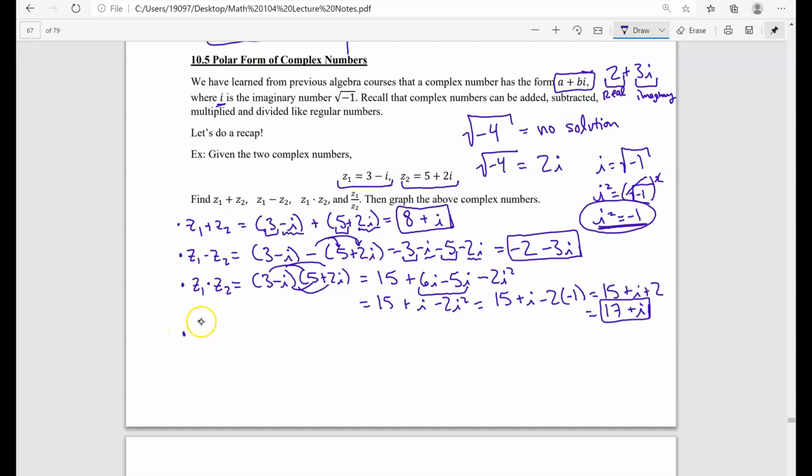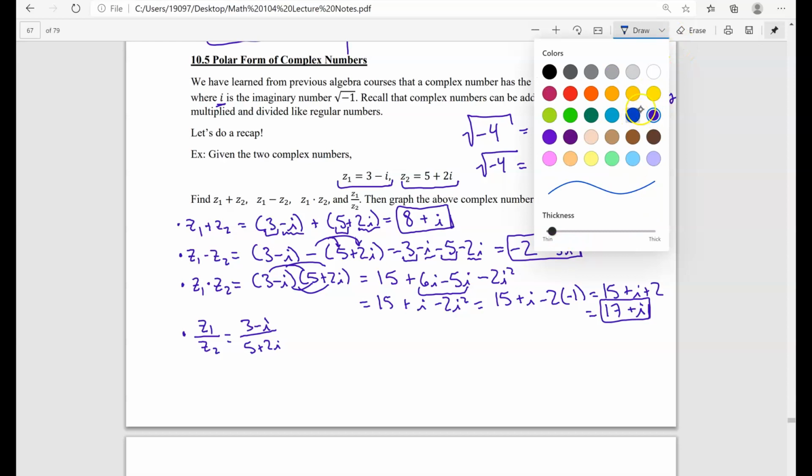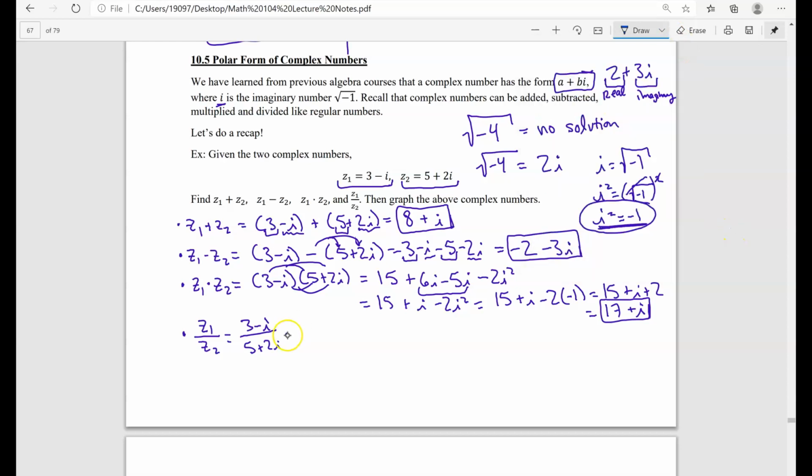And then finally, let's divide it. C1 divided by C2. We take 3 minus i and divide it by 5 plus 2i. The way we're going to do this is multiply by the conjugate. If you remember what the conjugate was, you're multiplying by 5 minus 2i over 5 minus 2i.